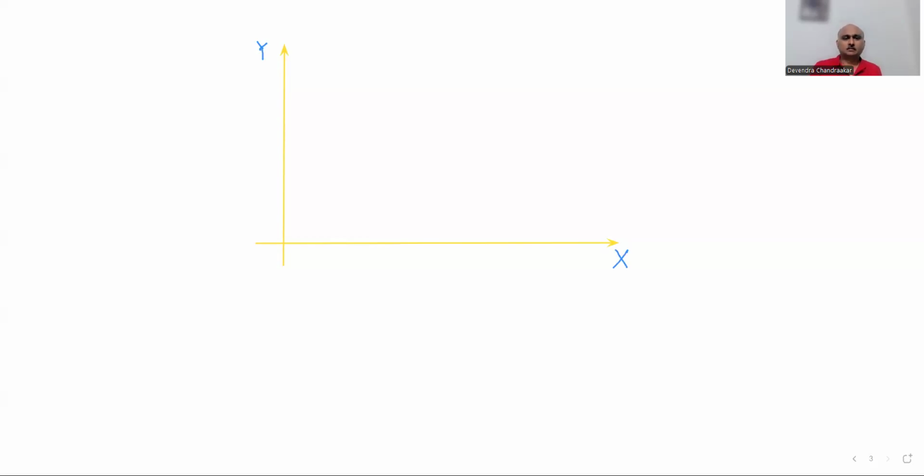And this is some function Y, which is a function of X, right?